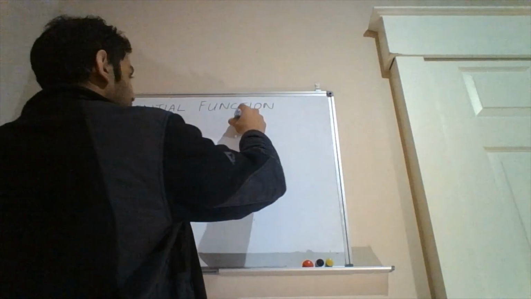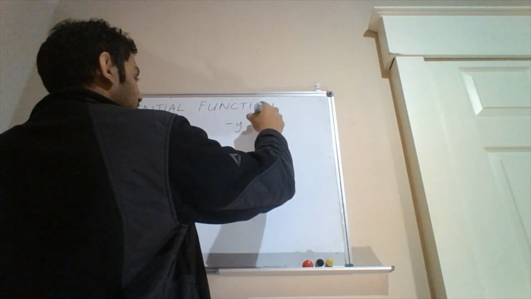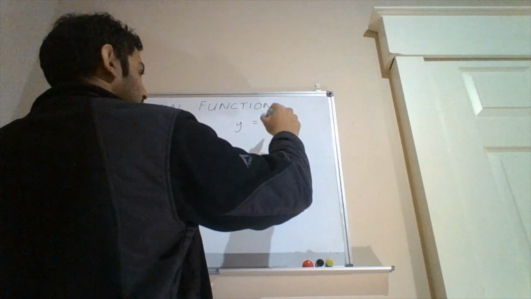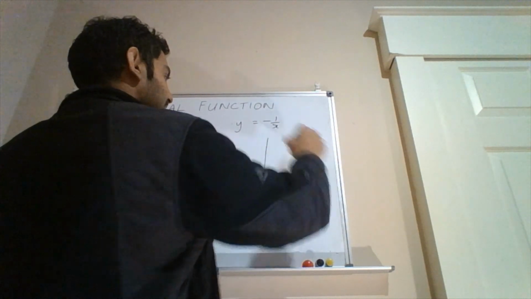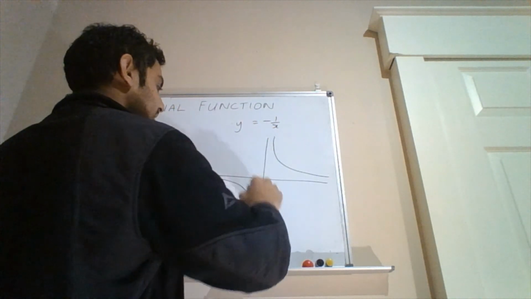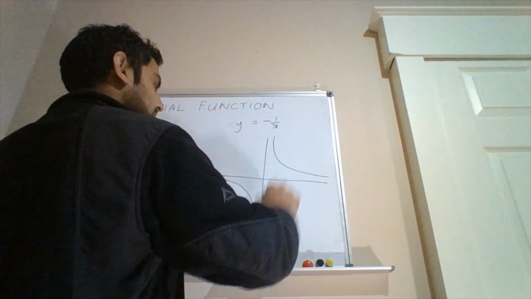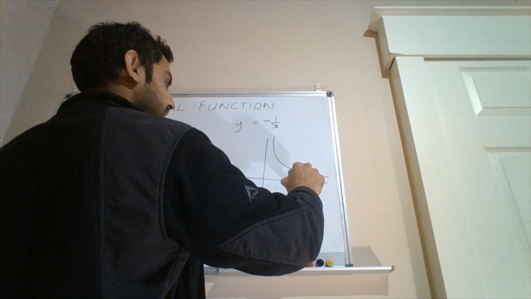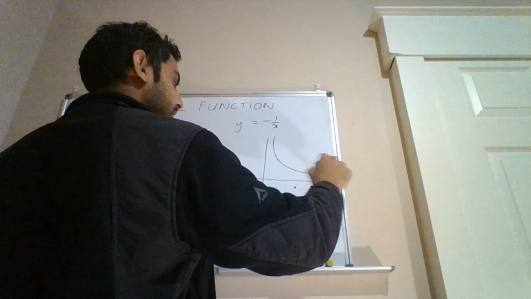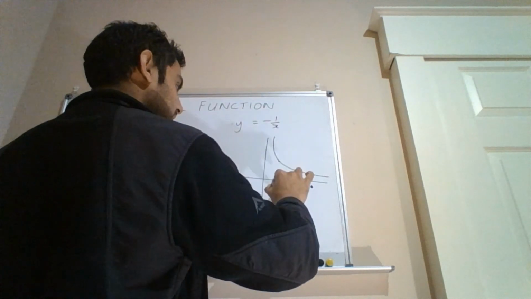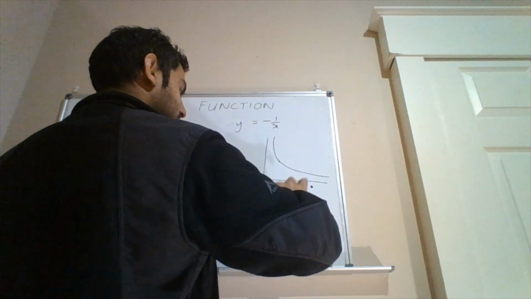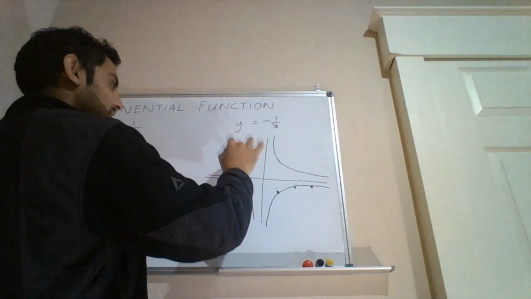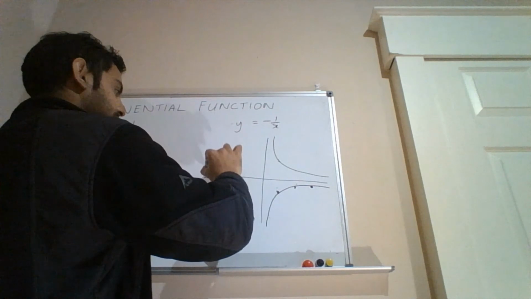Let's check. y equals negative 1 over x. So our standard graph looks like this. And we reflect about the x-axis. This point over here, so we would get our reflected branch there, and this branch reflects upwards if we're reflecting about the x-axis.